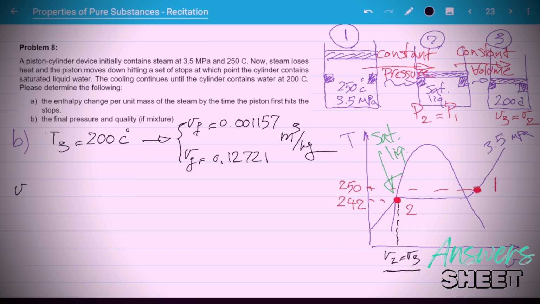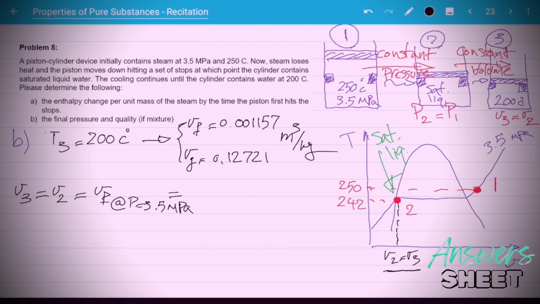So specific volume at state 3 is equal to the specific volume at state 2, which is the specific volume of saturated liquid at 3.5 megapascals. And I'm going to use the tables to read it. Now, if you do that, you will see that the specific volume is 0.001235 meters cubed per kilogram.